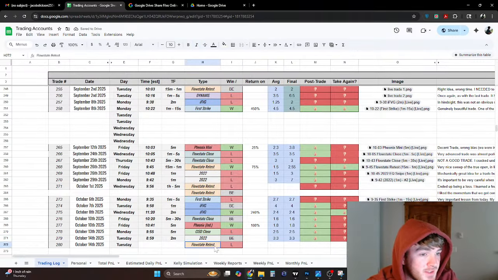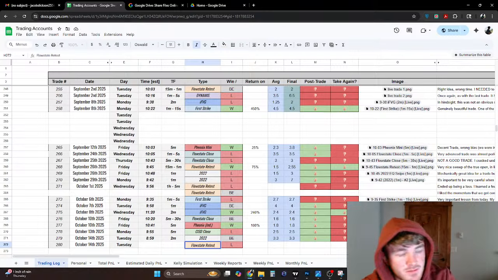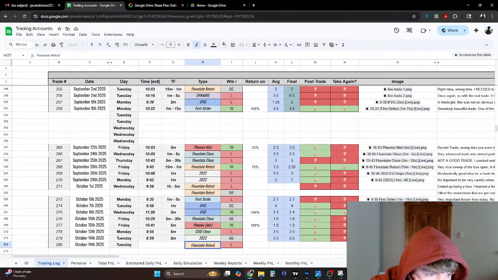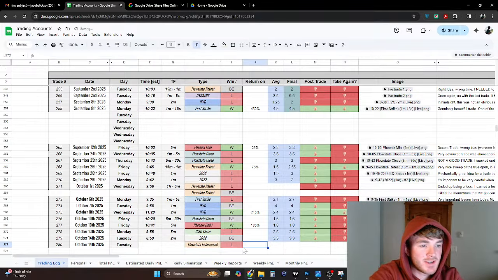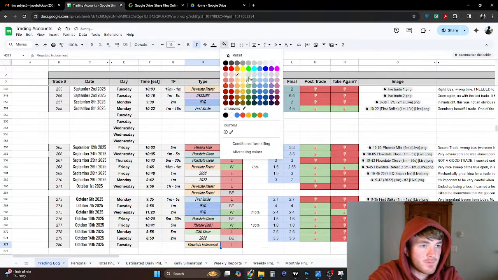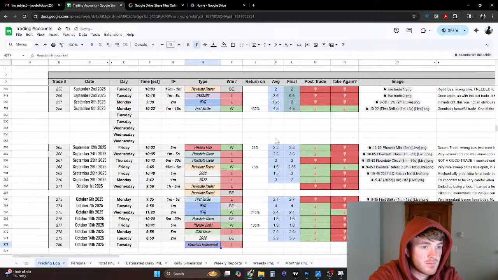Maybe for the sake of simplicity... nah, I'll just... I might later on merge flow state retest and flow state inducement to be the same, but right now I'm just going to go like that.